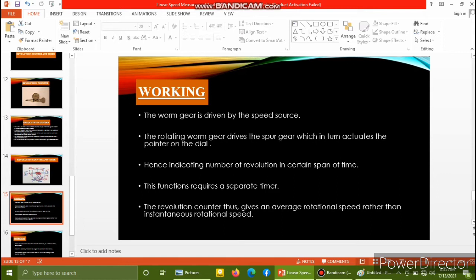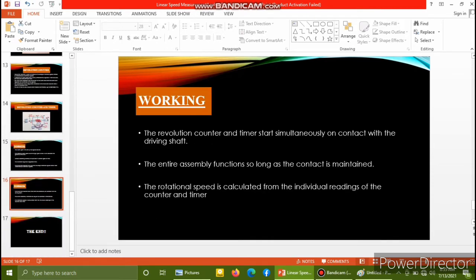These functions require a separate timer, so that we can know exactly the accurate average when measuring the revolutions using the counter and timer. The revolution counter gives an average rotational speed rather than instantaneous rotational speed. So we'll proceed to the next.